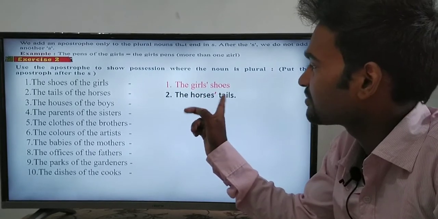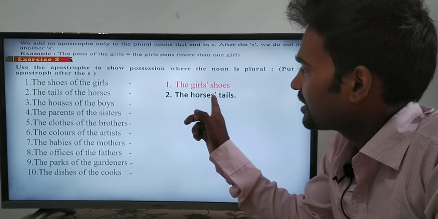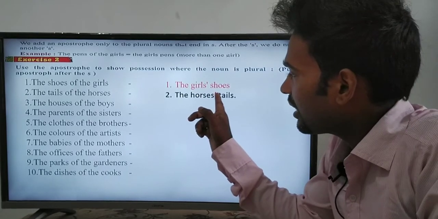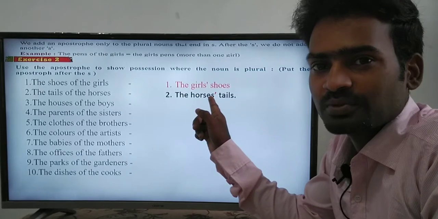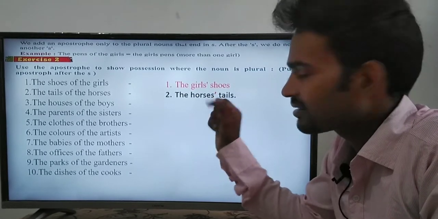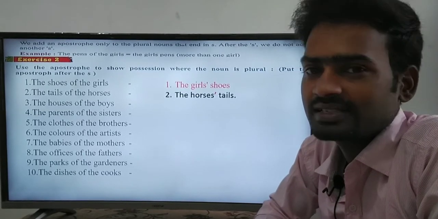You see here, in the singular we used the apostrophe before the s to make it a possession, whereas in plural form we add the apostrophe after the s to make it a possession. Clear? Very simple it is.